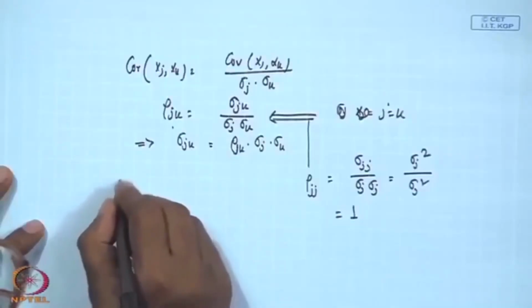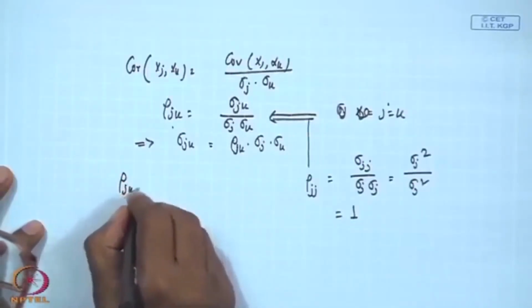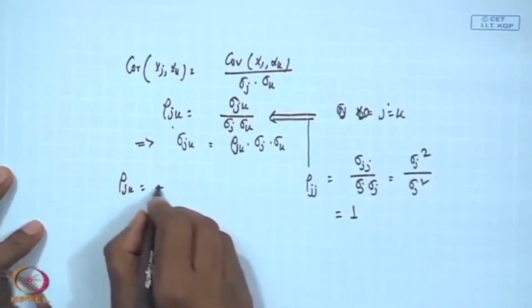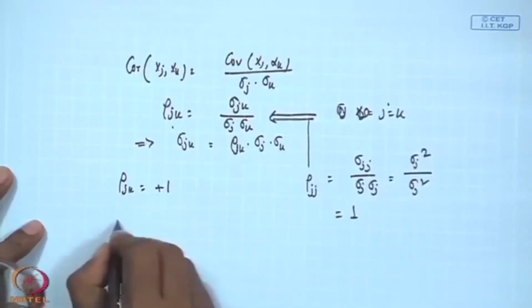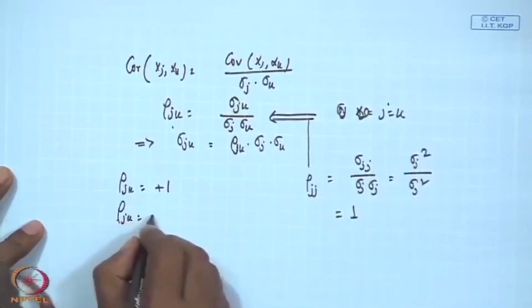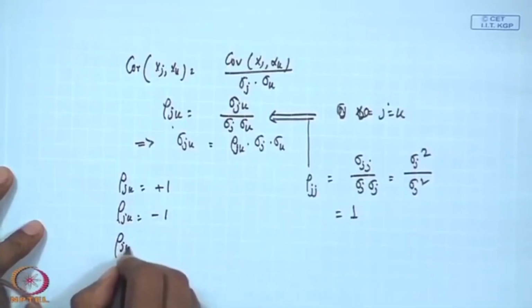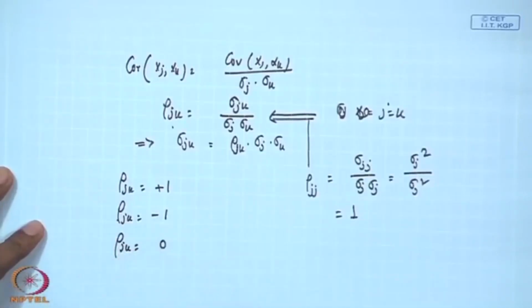Now, what do you mean by suppose correlation between j and k is plus 1, correlation between j and k is minus 1, correlation between j and k is 0? Okay.